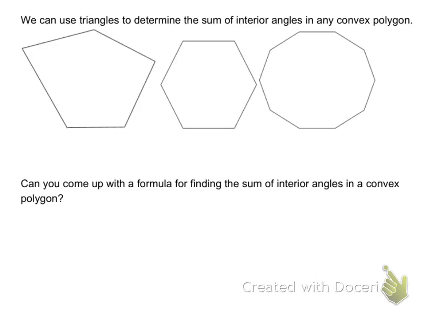So, we want to know the sum of the interior angles of any polygon, convex polygon. Make sure you know that. So we already said here that if it's a triangle, it would be 180, right? If it's a rectangle, we said it was 360.